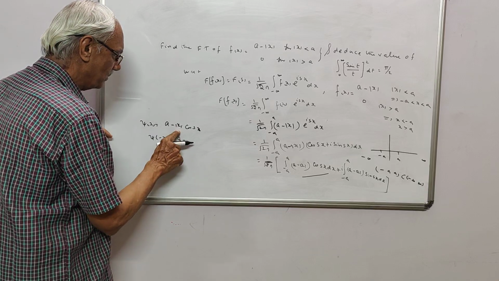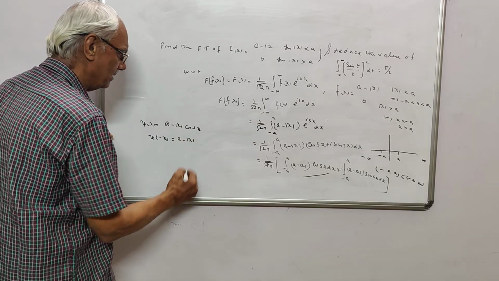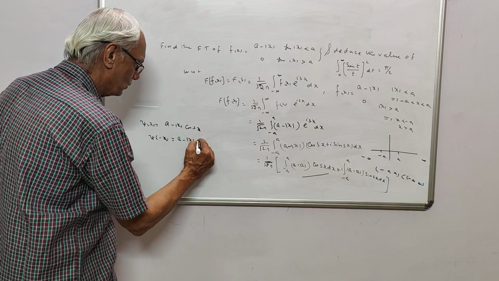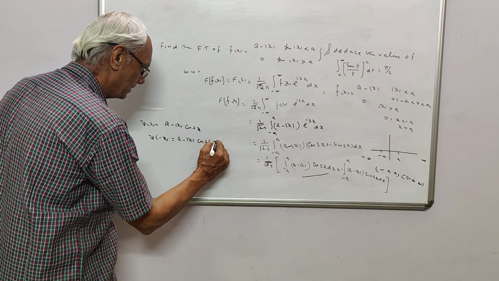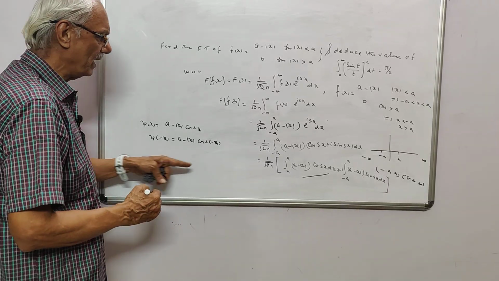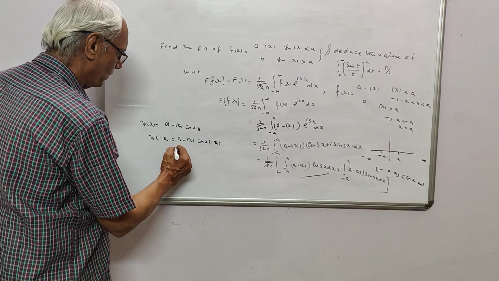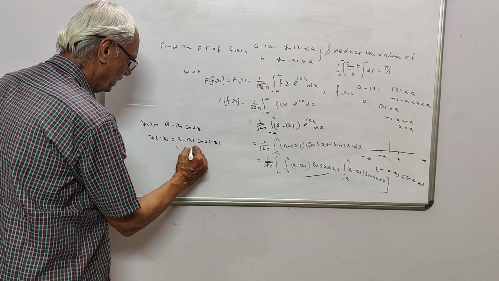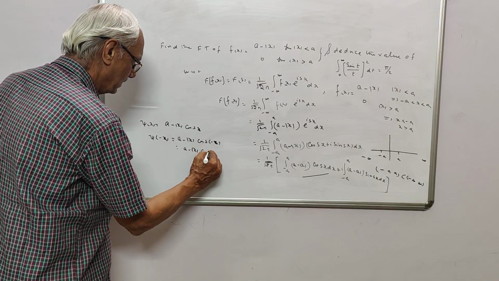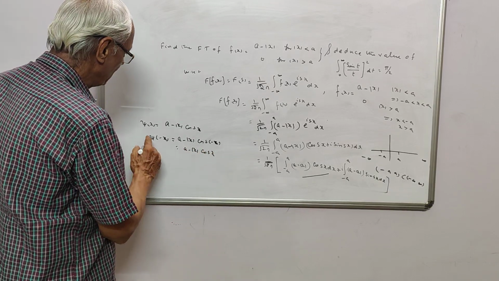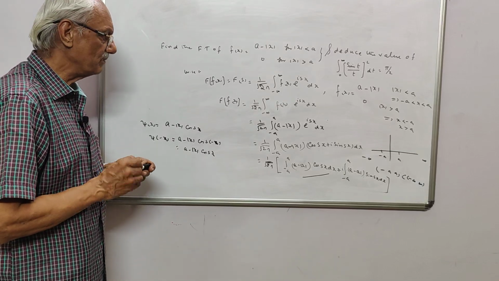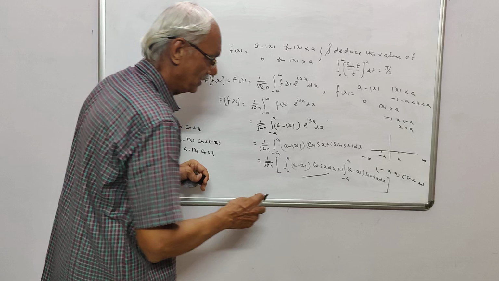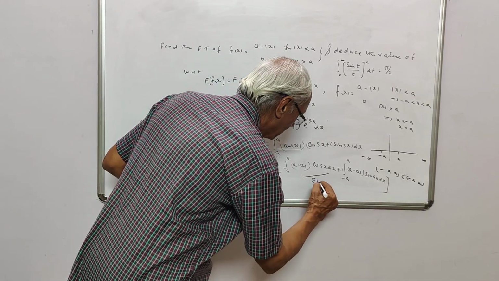E to the power of minus modulus of minus x, which is again modulus of x only, into cos of s of minus x. But this cos of minus theta is again cos theta only. So e to the power of minus mod x into cos sx. So you see that psi of x is equal to psi of minus x. It means that this function is an even function.